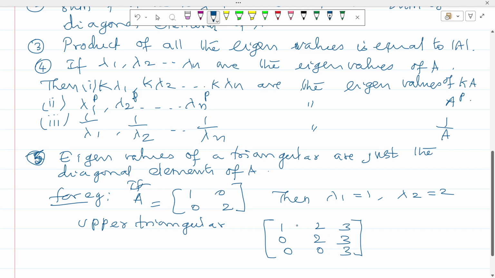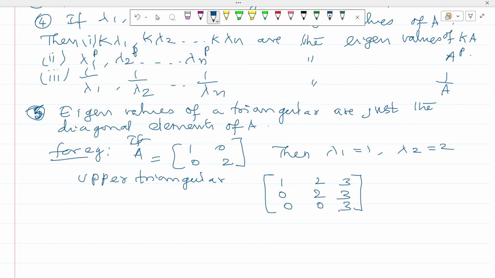Here below the diagonal all the elements are 0, therefore it is known as an upper triangular matrix.